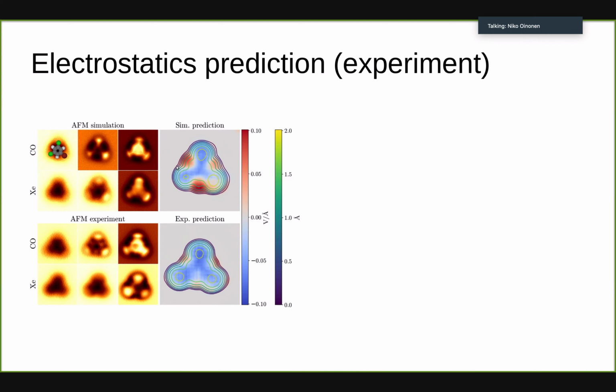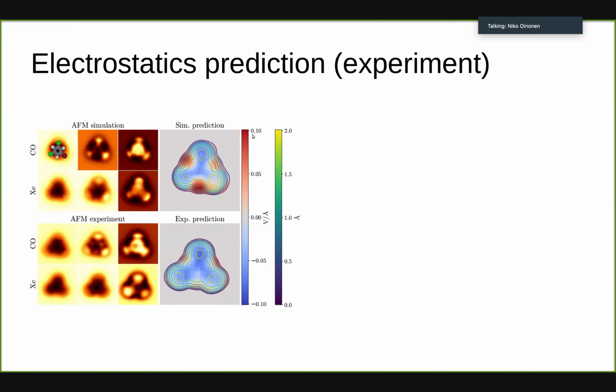Comparing the simulation prediction to the experimental prediction, we see a very similar pattern where over the halogen atoms, the chlorines and the bromines, there's a negative charge. And then in between, over the hydrogens, we see this positive charge both in the simulation and the experiment. In the experiment, the positive regions are a bit weaker, but overall it's a very good match.